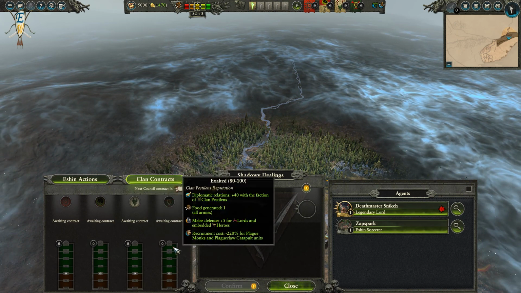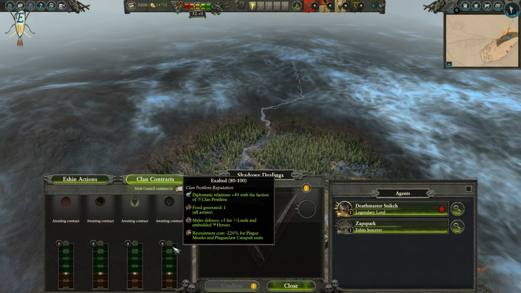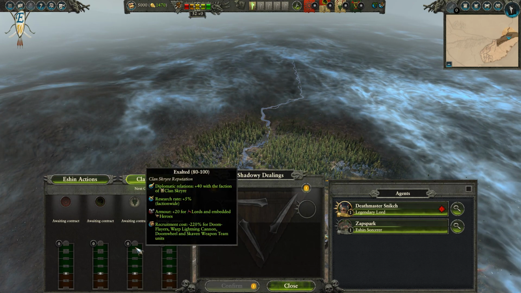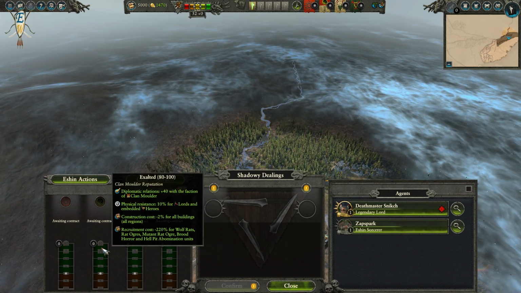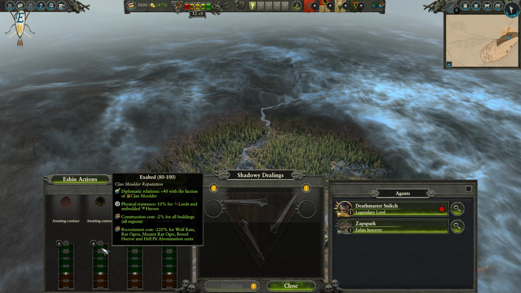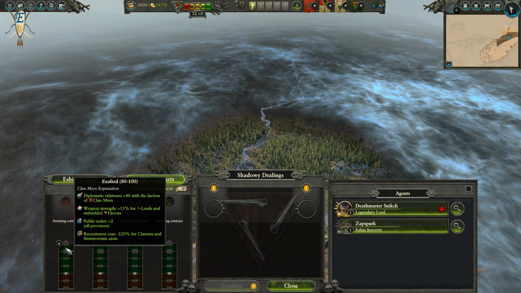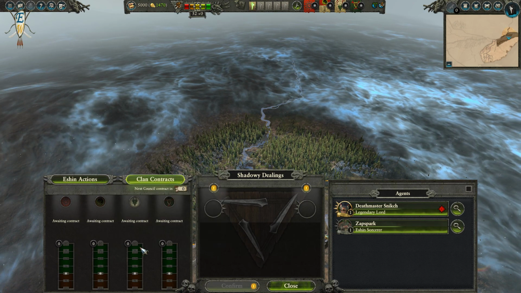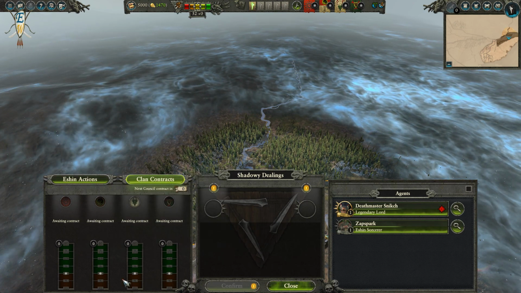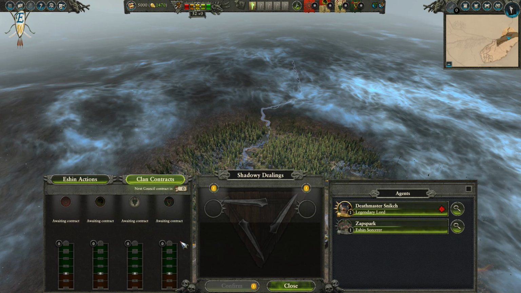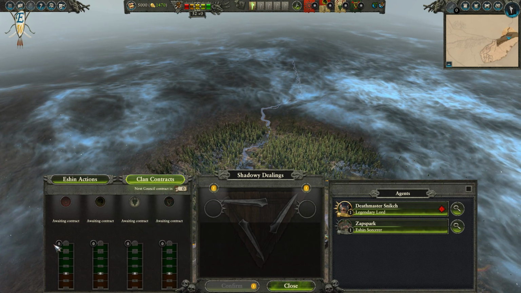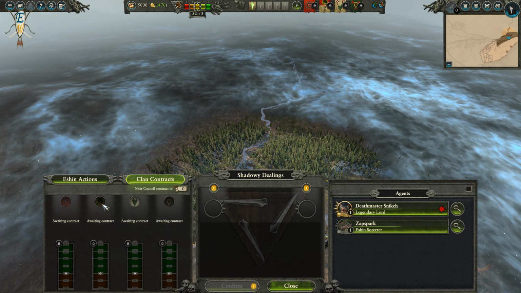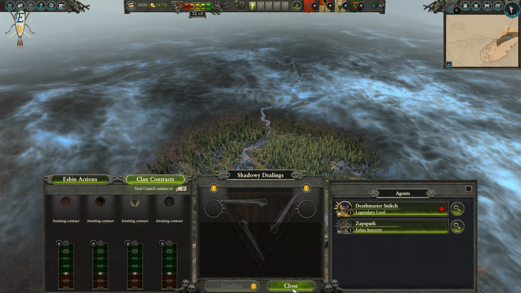Like this is research rate, that's food generated, all armies' melee defense as well, that's armor, construction cost, physical resistance, and this one's public order, weapon strength. So all good. It is possible to get them all positive. You've just got to make sure you balance out the contracts, because usually it's against one another and stuff. So yeah, it's pretty good.